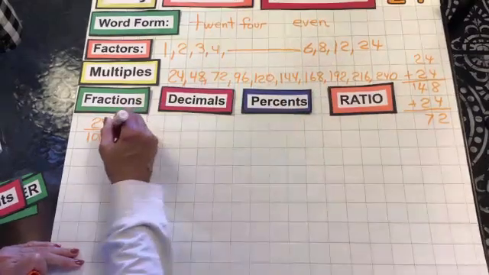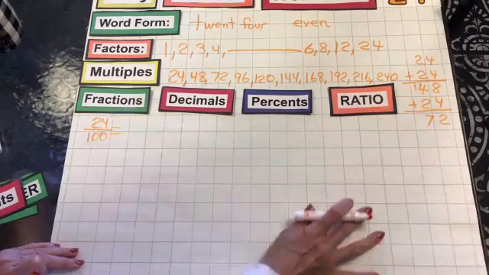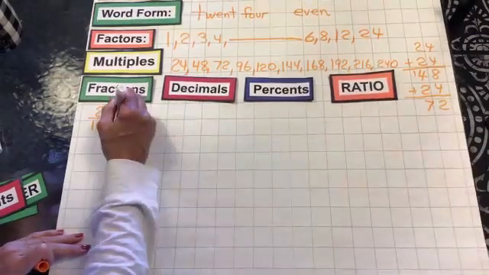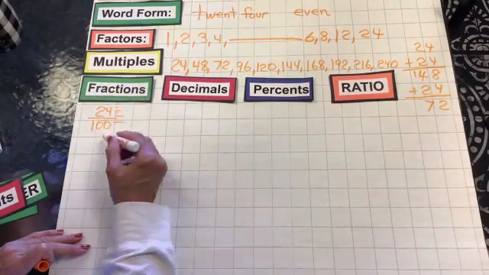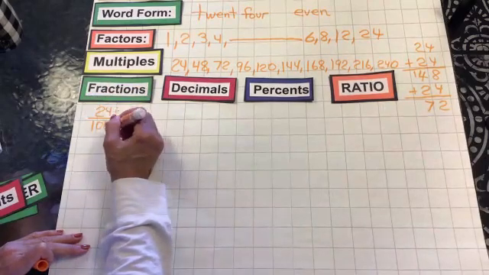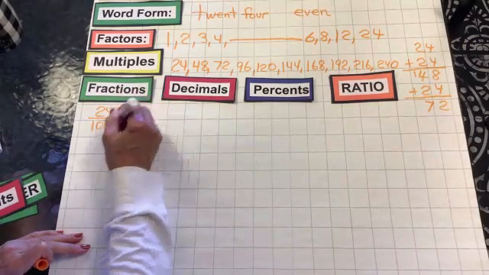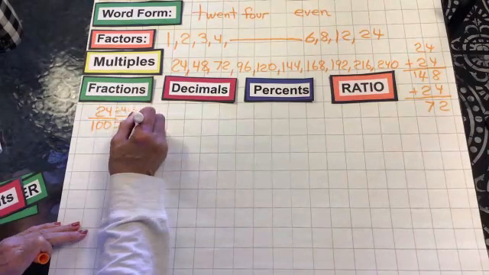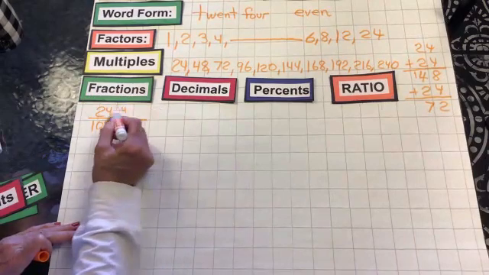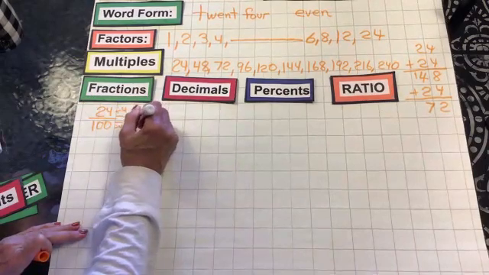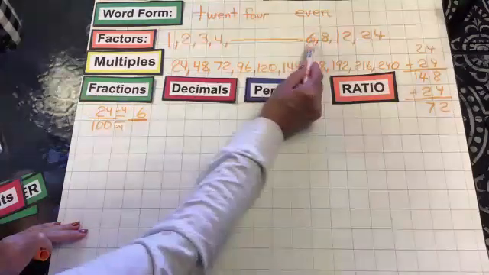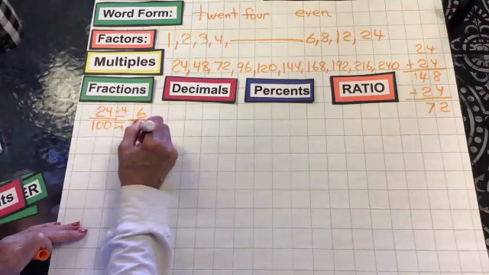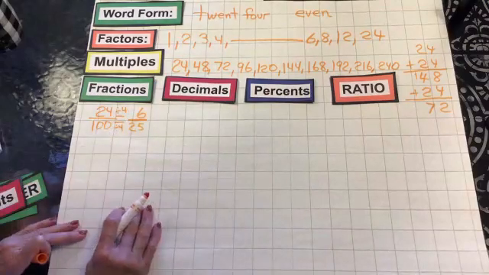We know that. So let's go ahead and we're going to write an equal sign here. We're going to come up with an equivalent fraction by dividing both the numerator and the denominator. The top number is the numerator, the bottom number is the denominator, by 4. So if we divide both the top and the bottom by the same number, we get an equivalent fraction. So 4 goes into 24 6 times because 4 times 6 is 24. 4 goes into 100 25 times because 25 times 4 is 100.